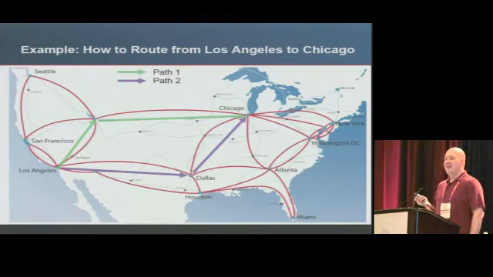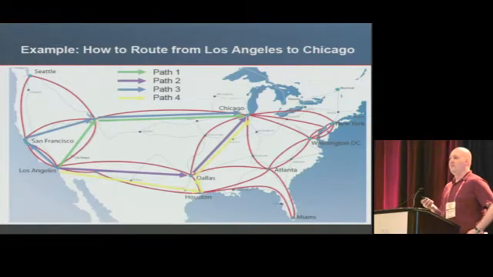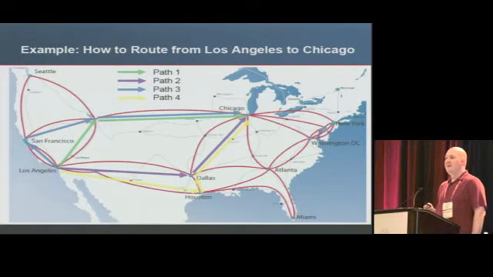That might be your second best path, and that might only be 1 or 2 milliseconds higher. That might be your third best path. That might actually only be 3 milliseconds higher. That might be your fourth best path. There's lots of different ways that you can go about getting traffic somewhere. And again, the goal would be it's better to get the traffic there even if the latency is slightly higher than it is to drop the packet.